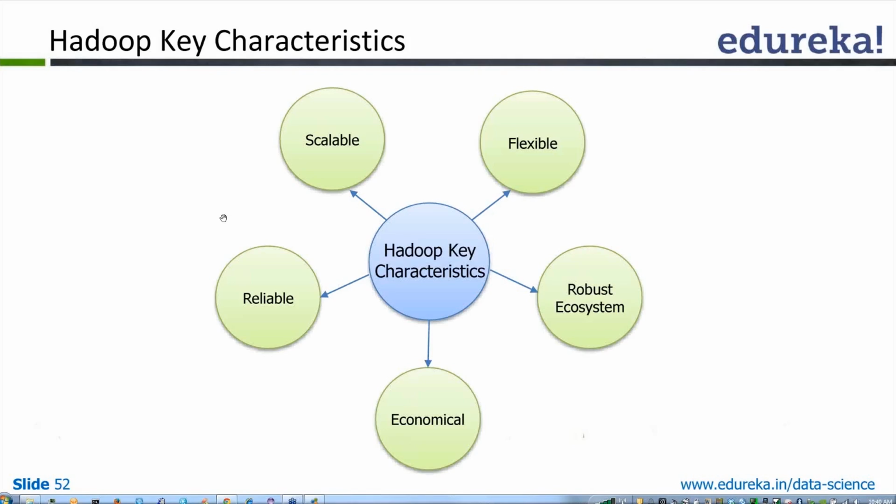Instead you build using smaller commodity machines, and therefore it's economical. And also it's robust, which is related to reliability and fault tolerance. And it's flexible because the programming model itself is simple enough to build whatever you want on top of it. Okay, so these are the key characteristics of Hadoop.